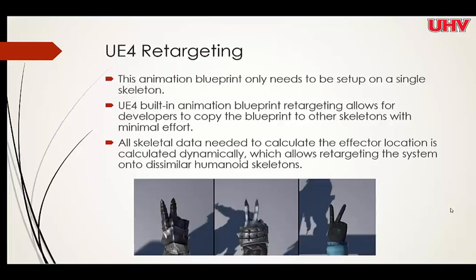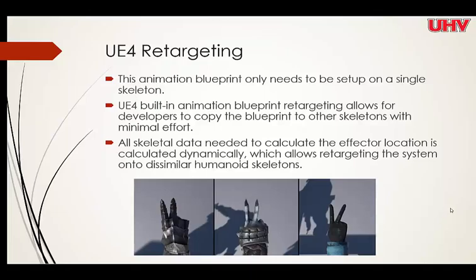Once you have the animation blueprint for a skeleton set up, we can utilize the retargeting mechanism to almost intuitively copy the animation from one skeleton and place it on top of another skeleton.